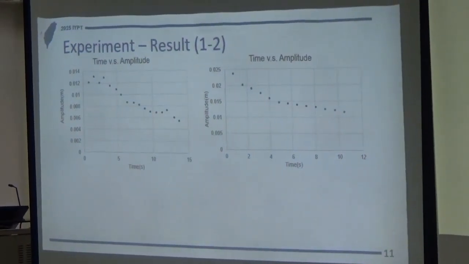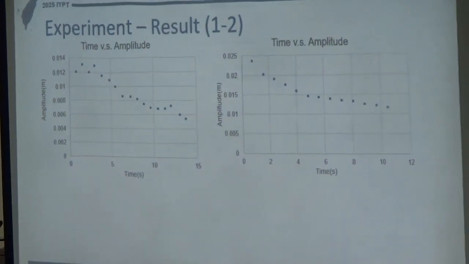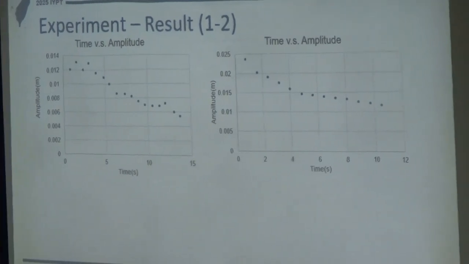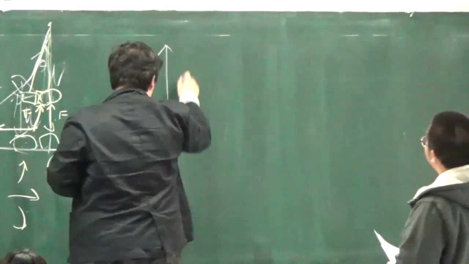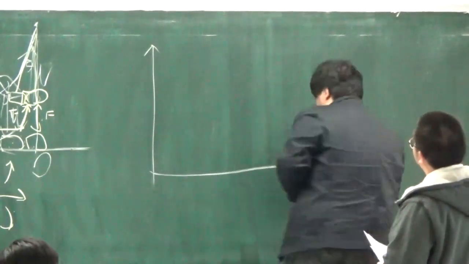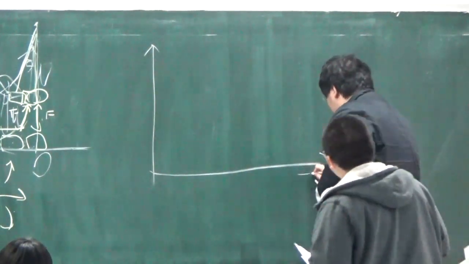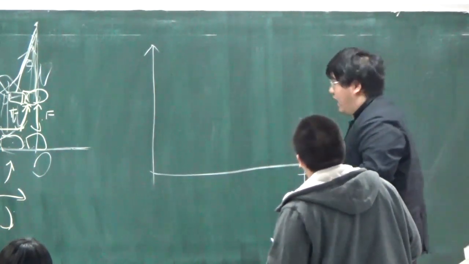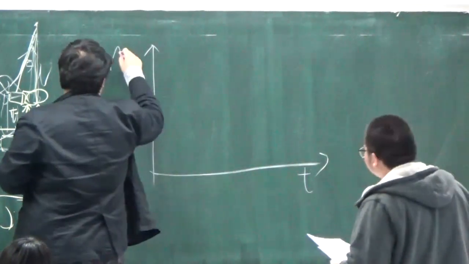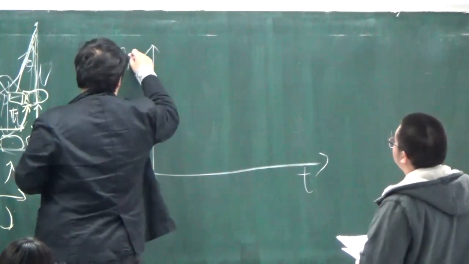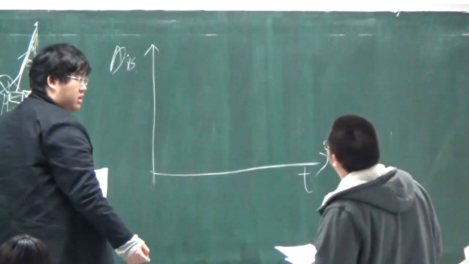So this is the time versus amplitude. What do you mean by amplitude in here? We know this is time, and this is amplitude, a displacement. The displacement of what?